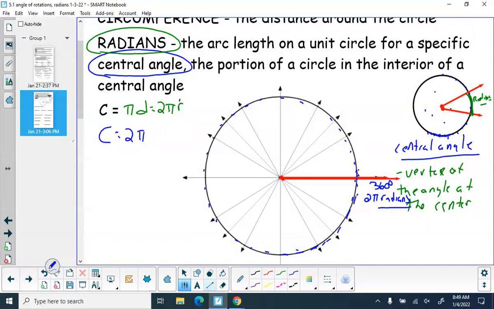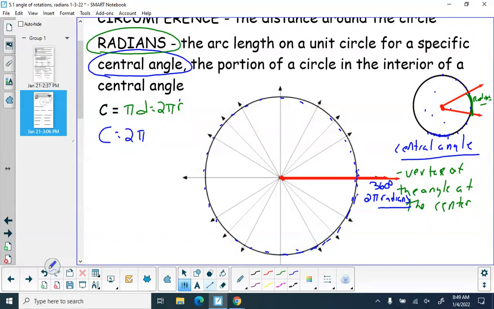Radians are typically left in terms of pi if possible, because every calculator has a pi button. Everybody knows that the value of pi is 3.14 approximately. Or hopefully we know that. So the arc length that we have here is the entire circumference of the circle.